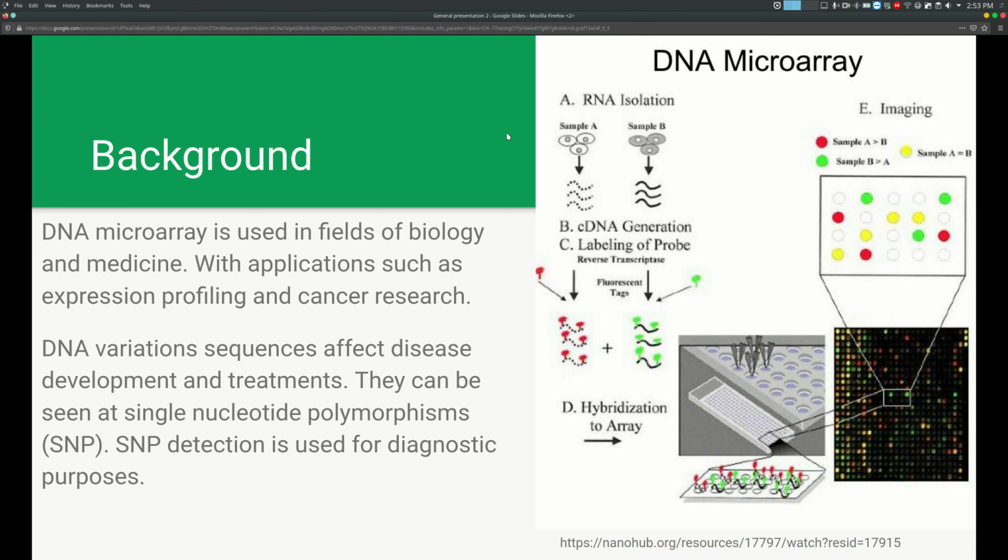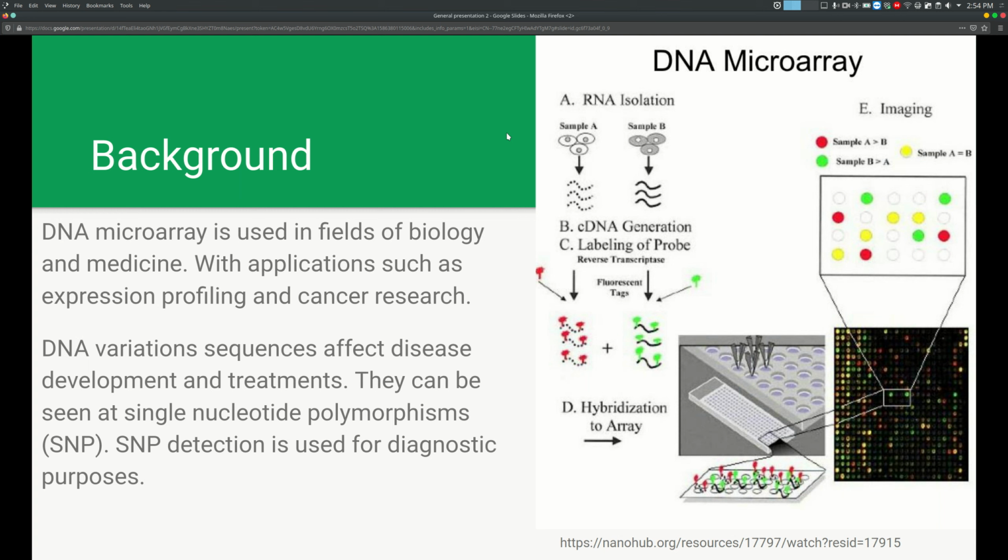One of the ways this can be seen is to detect single nucleotide polymorphisms, or SNPs. Through SNP detection, one can give a diagnosis of the patient and see if the patient is being affected by cancer. The diagram shows a quick workflow of the process.